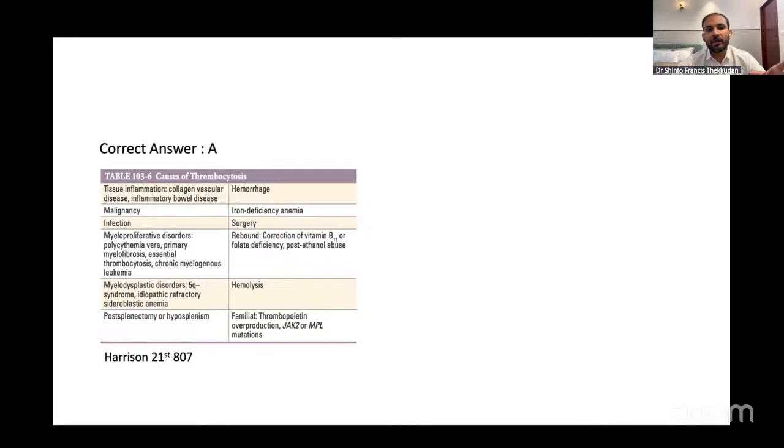All these are grouped under primary marrow-related myeloproliferative disorder thrombocytosis. Then rebound after B12 or folic acid deficiency, and myelodysplastic syndrome, especially 5q deletion, which is typically known to have thrombocytosis. Also hemolysis, post-splenectomy, and very rare thrombopoietin overproduction, JAK2 and MPL mutation.